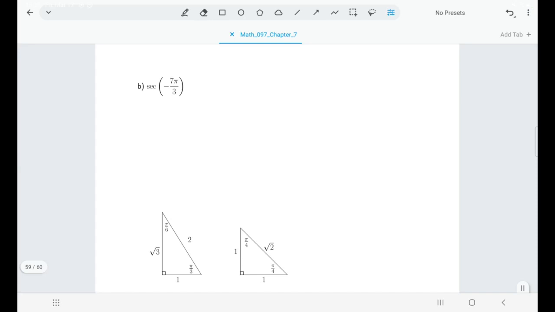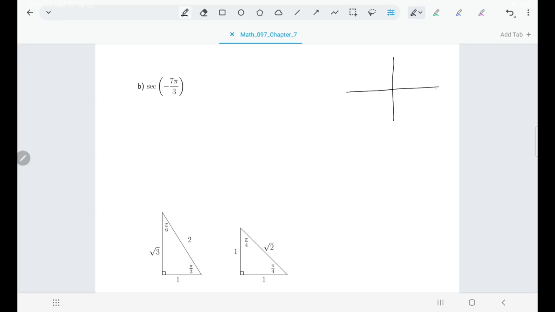All right, so there's one last one that I want to work through, and this one is secant of -7 pi over 3. I just sort of want to talk out loud about what if you didn't notice any of the identities that you can use to help make your life easy. So if I wasn't thinking about symmetry, if I wasn't thinking about periodicity, then I would first have to start by drawing -7 pi over 3.